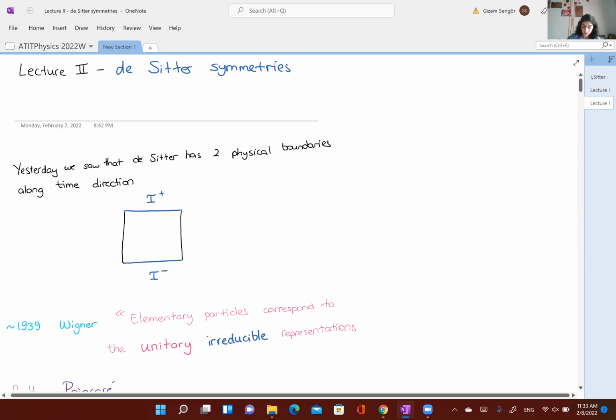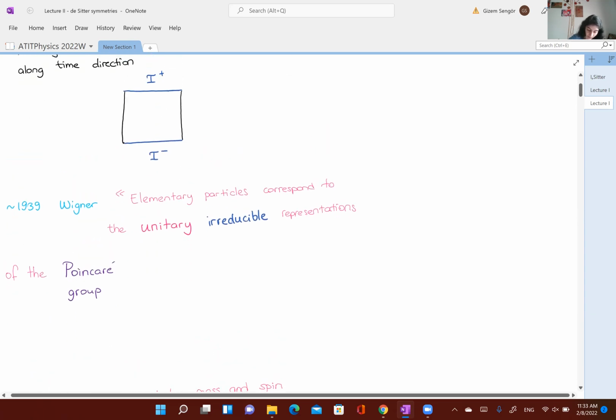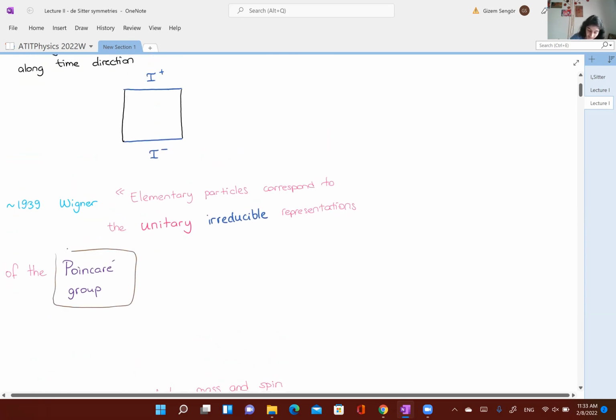He introduced the notion of thinking of elementary particles as unitary irreducible representations of the Poincare group. So in here, the Poincare group arises because we're studying particles on flat spacetime, and the Poincare group is the isometry group of Minkowski.